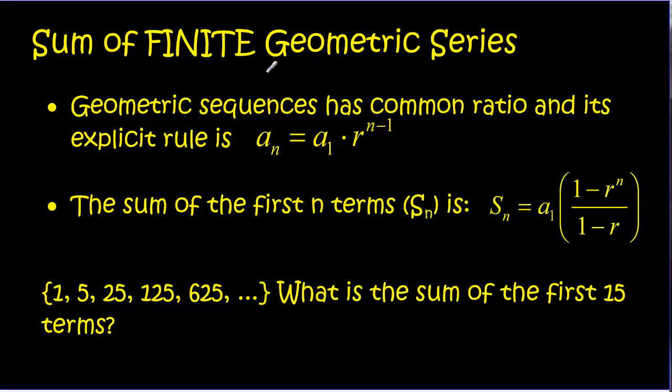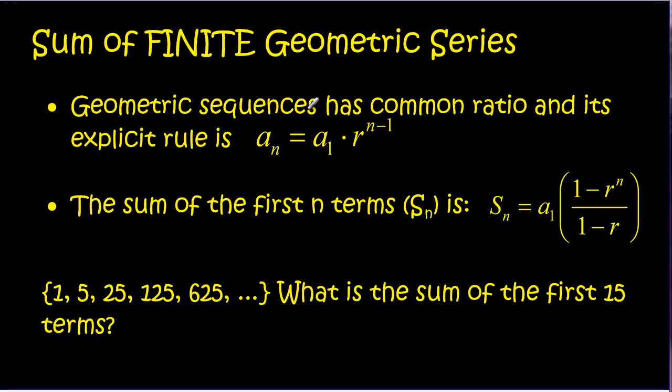All right, now we're going to look at geometric, and we're going to look at it in two parts. We're going to first look at finite geometric series, and then we'll look at infinite and see what happens there. Now, as you remember from the last video, geometric sequences have a common ratio, meaning we are repeatedly multiplying by some number.